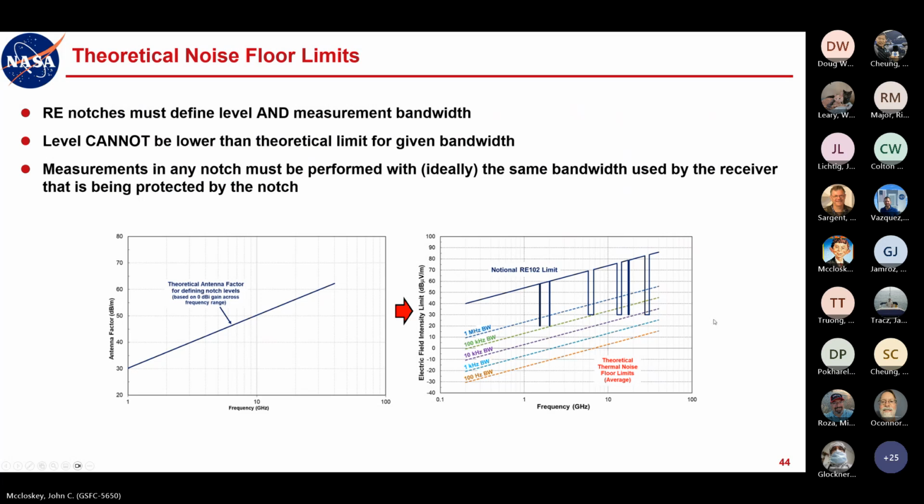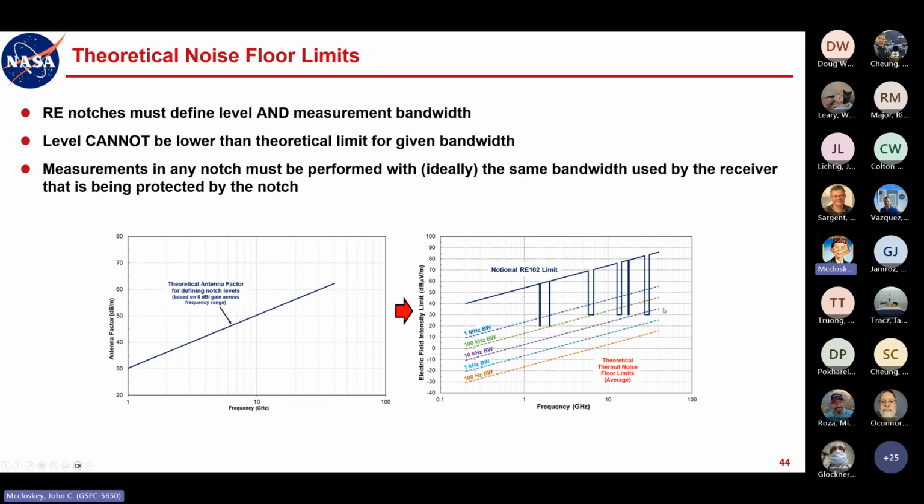So the RF notches must define a level and a measurement bandwidth. The limit is incomplete if they don't specify a measurement bandwidth, and I see this all the time. The level cannot be lower than the theoretical limit for any given bandwidth.